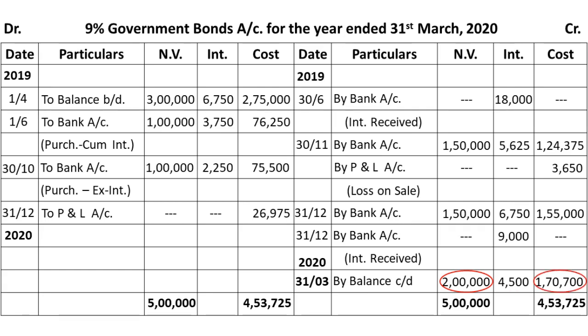After writing the interest accrued on 31st March, we should take the total now. Total of the credit side of interest column is 43,875. We'll write the same total on the debit side, and we will find out the difference to be transferred to profit and loss account. So here the balance is 31,125. This balance we require to transfer to profit and loss account on the last day of the accounting year or financial year. So 31st March to profit and loss account. This is transfer of interest.